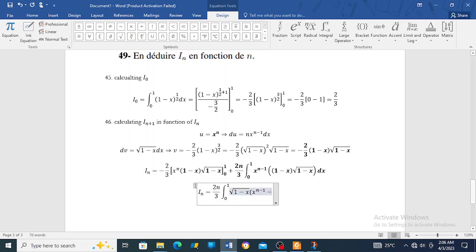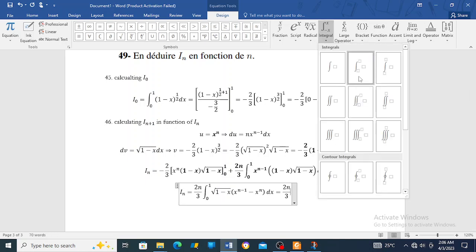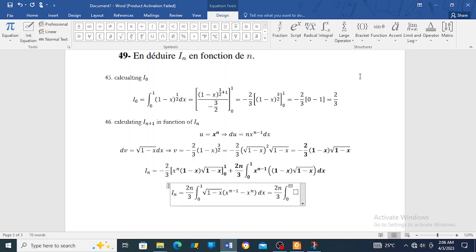It gives us minus x to the power n. Just add their powers, the x. So this will give you 2n on 3 times the integral from 0 to 1. You can now multiply the square root of this times x to the n minus 1. It gives you x to the n minus 1 times that square root, the square root of 1 minus x.